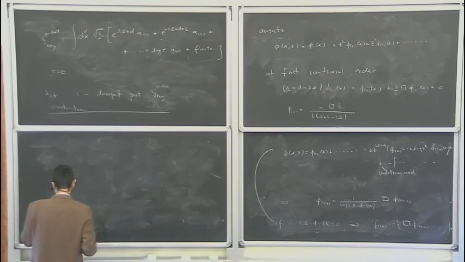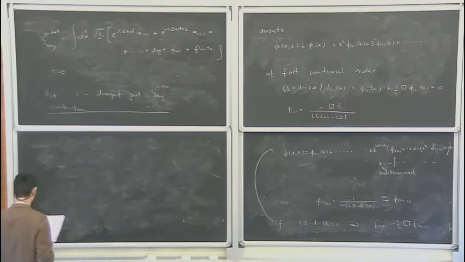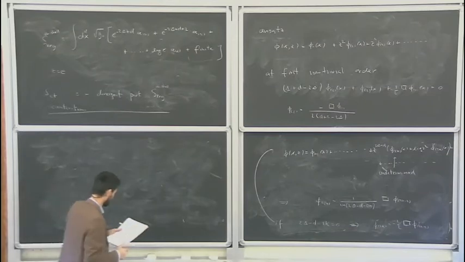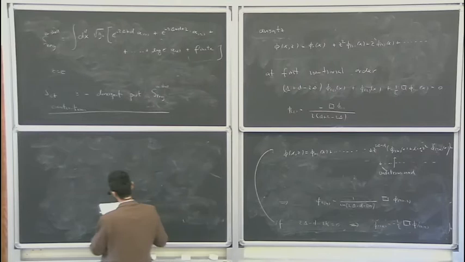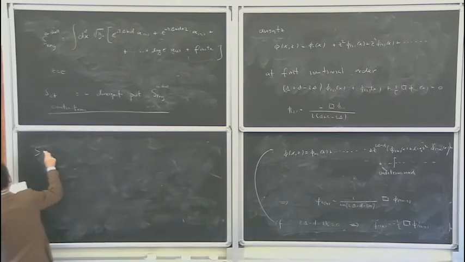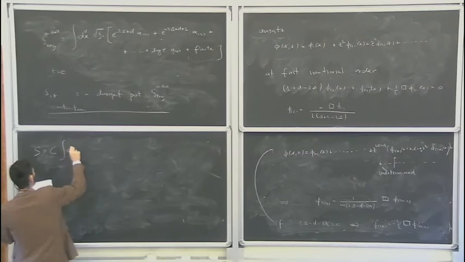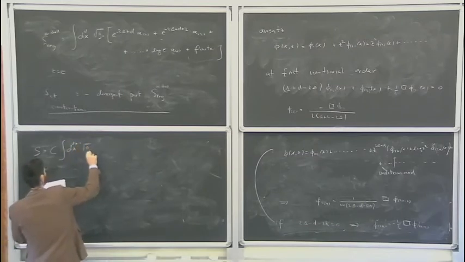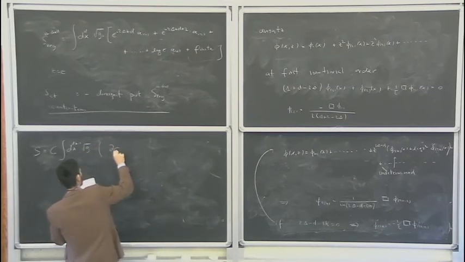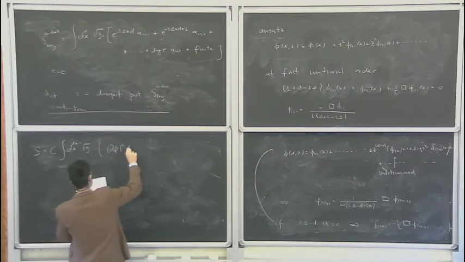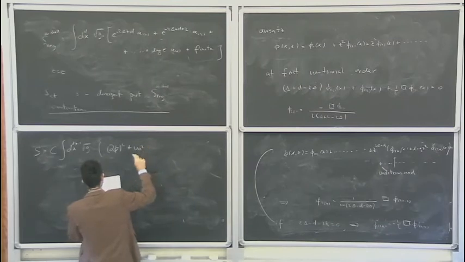Now let's prepare the action in a way that it's useful to plug this expansion in. So we write once again the action in D plus 1 dimension. Just to say that we are computing exactly the same action that we computed before.